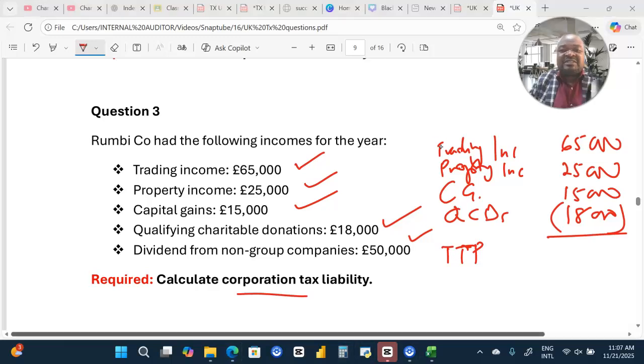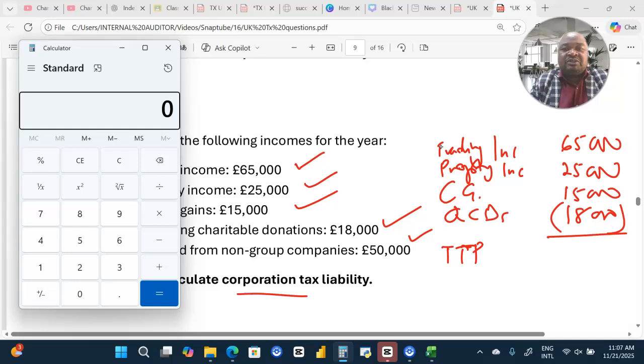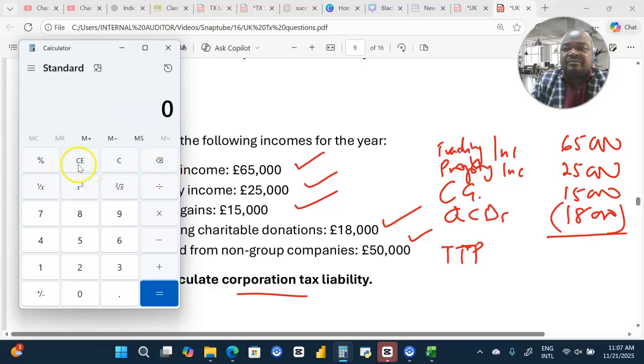So if we punch these figures in our calculators, we should get how much? 65 plus 25 plus 15 minus 18. That's 87.